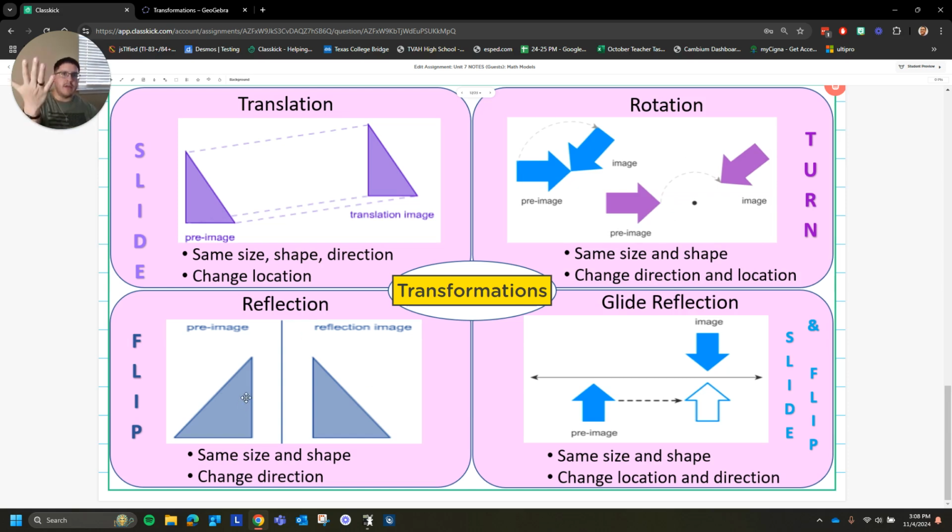Reflection takes the image and then reflects it across a particular line, a line of reflection. And then glide reflection takes translation and reflection, puts them together and then transforms the image over and across and over a particular line.